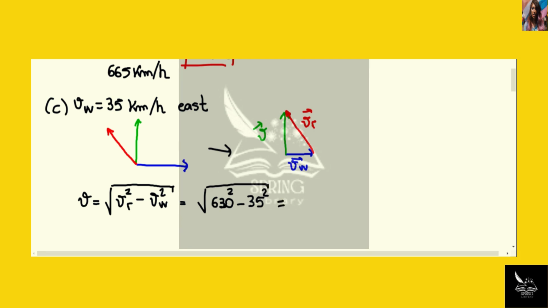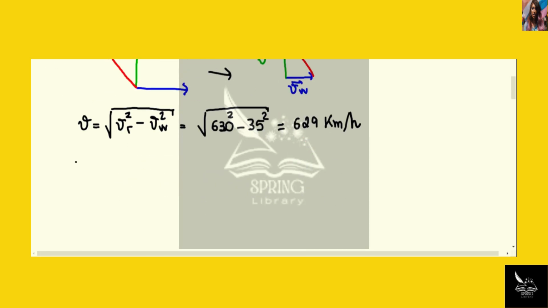So the speed is 629 kilometers per hour. And the time it takes to travel with this speed is 750 kilometers divided by 629 kilometers per hour. So this is 1.19 hours.